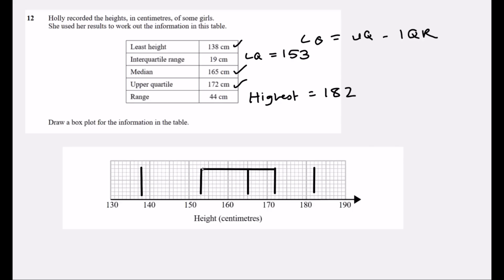We do a box around the quartiles, and we draw these lines out to the highest and lowest value. So that is our box plot.